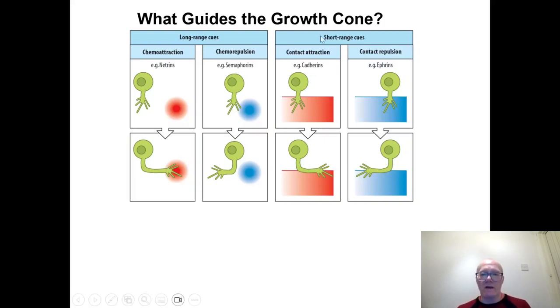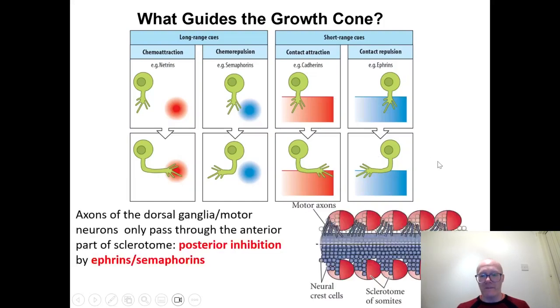On the other hand, cadherins attract neurons on a shorter range, while ephrins inhibit neurons on a shorter range. So an axon that experiences netrins will move toward the source of netrins and move away from the source of semaphorin. And similarly, it does with cadherin and ephrins.